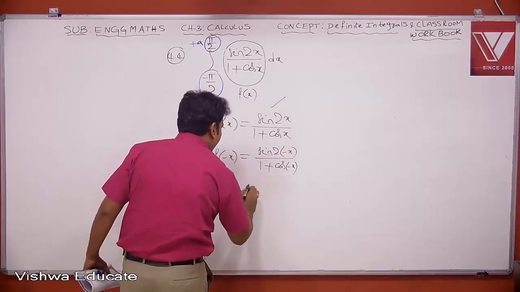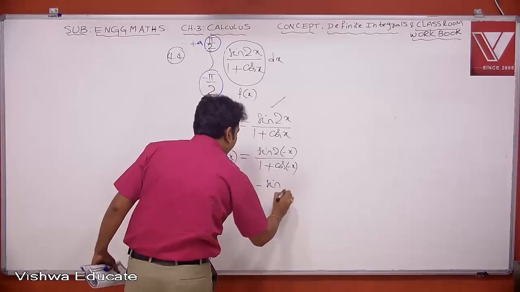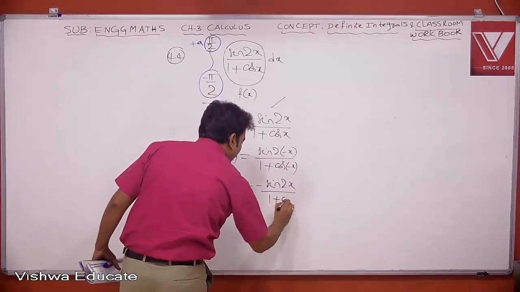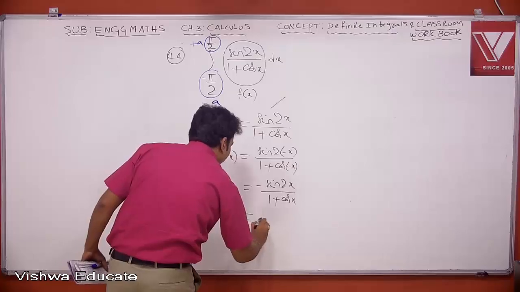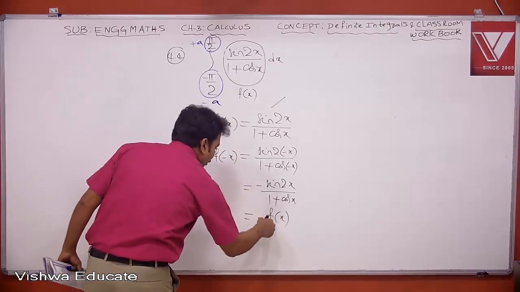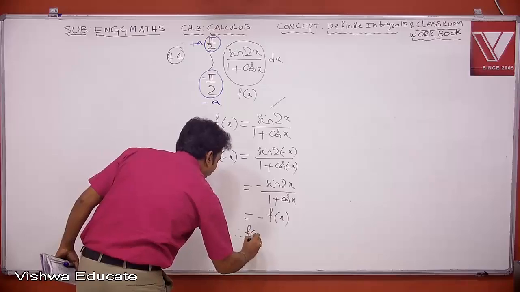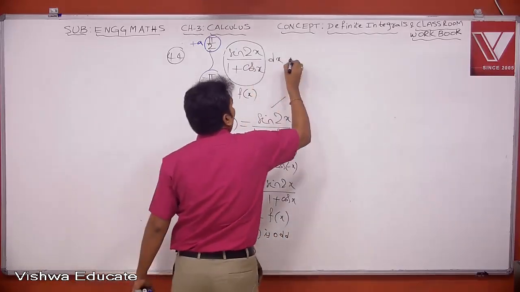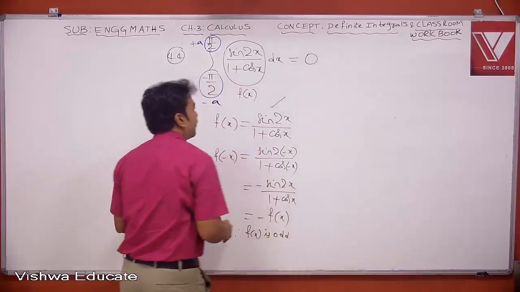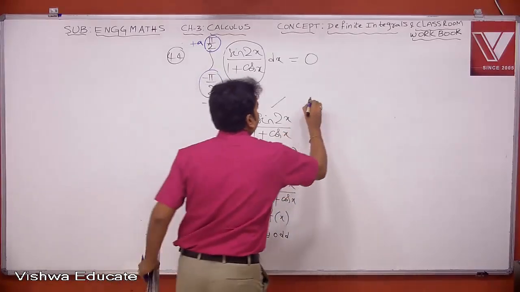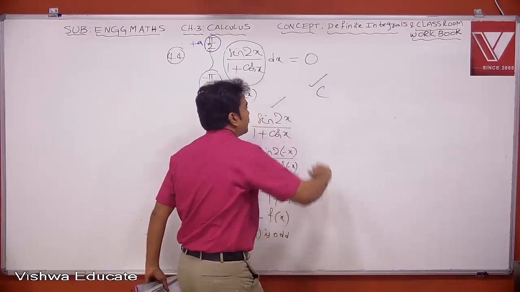So the numerator, being an odd function, becomes minus sine 2x, divided by 1 plus cos x, because cos of minus x is cos x as it is an even function. Therefore we got f of minus x equal to minus f of x. Therefore here f of x is an odd function. Since it is an odd function, the value of the definite integral is 0 according to property number 4. Therefore option C is the right answer.